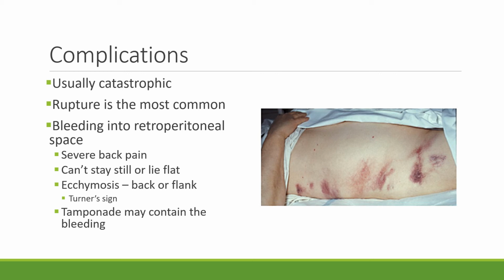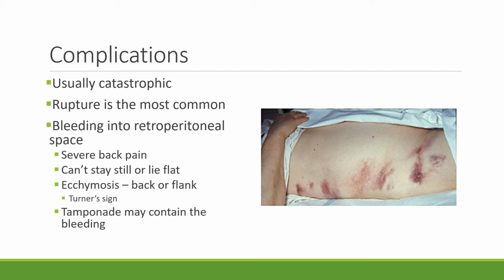The patient who reaches the hospital will likely be in hypovolemic shock with tachycardia and hypotension, as well as pale, cool, clammy skin, decreased urine output, an altered level of consciousness, and abdominal tenderness.